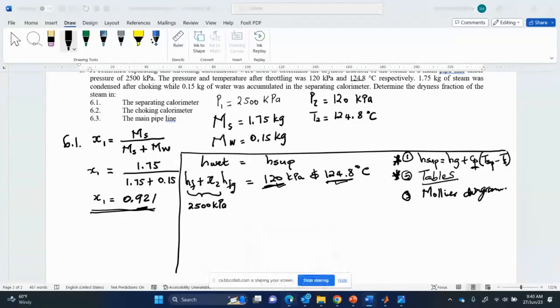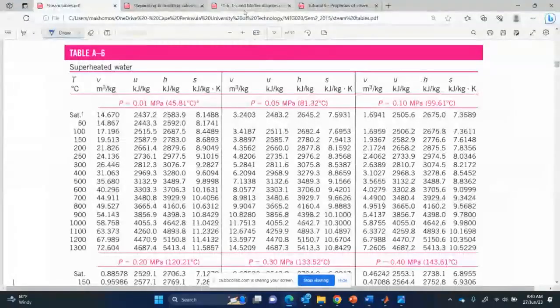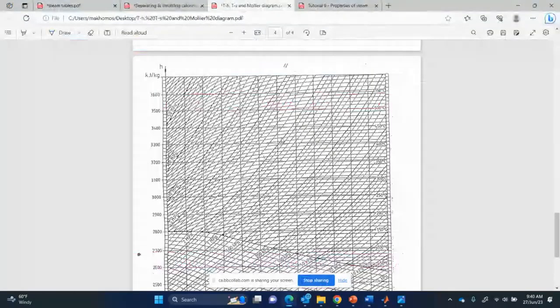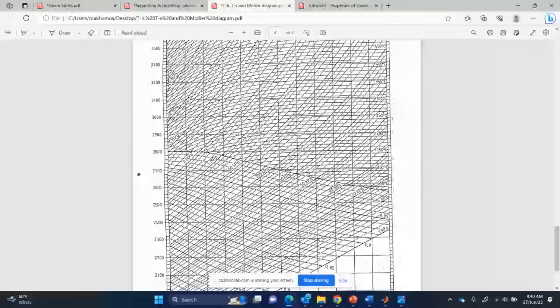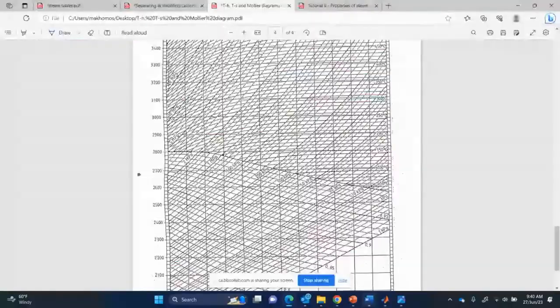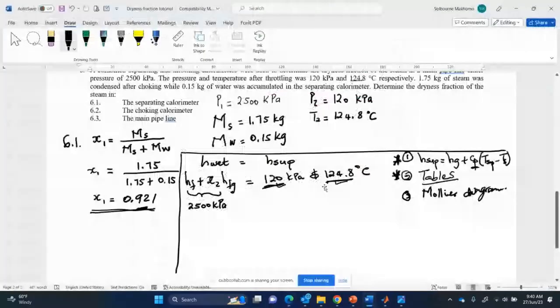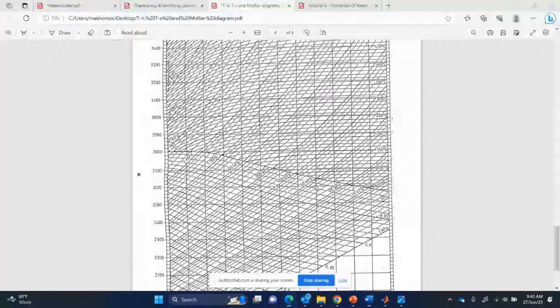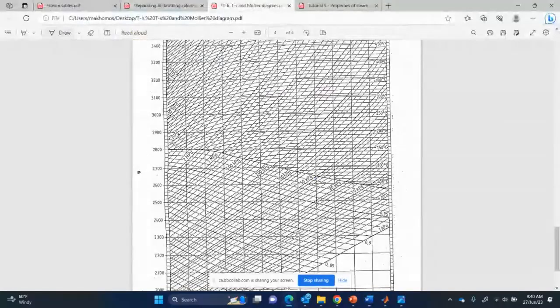You go to the Mollier diagrams, and then you locate 124. The Mollier diagram is at 120 kPa. Where is 120? You have 100 kPa here, you have 110, and then you have 120.